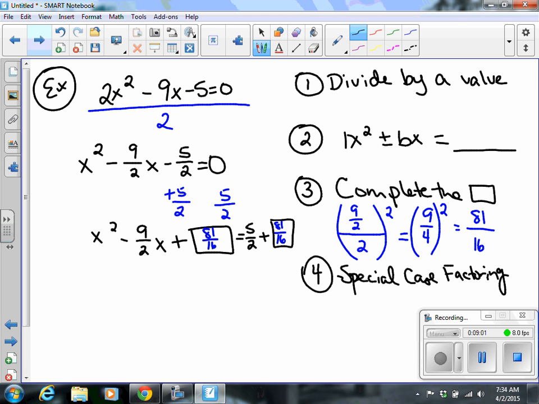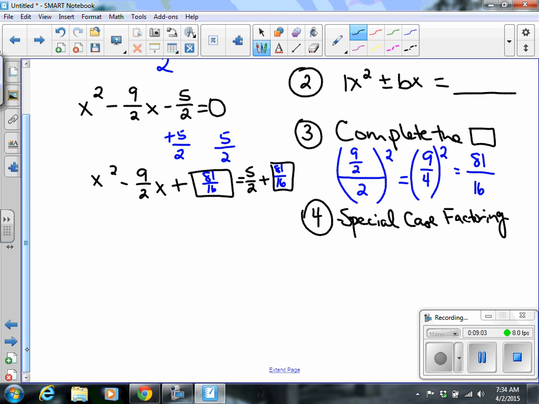So now step 4, I'm going to do my special case factoring. x minus, what was my b over 2? That's always in the step 3. We simplify it first, so it's the middle one. So I have (x minus 9 over 4) squared equals, well, I'm going to simplify that 5 halves plus 81 over 16. That gives me 121 over 16.